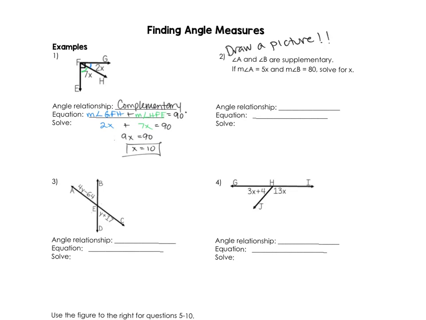So let's do number 4 together. So these angles here, here's one of the angles, here's my other one. Those angles make a straight line. They share a side. So these angles are a linear pair.